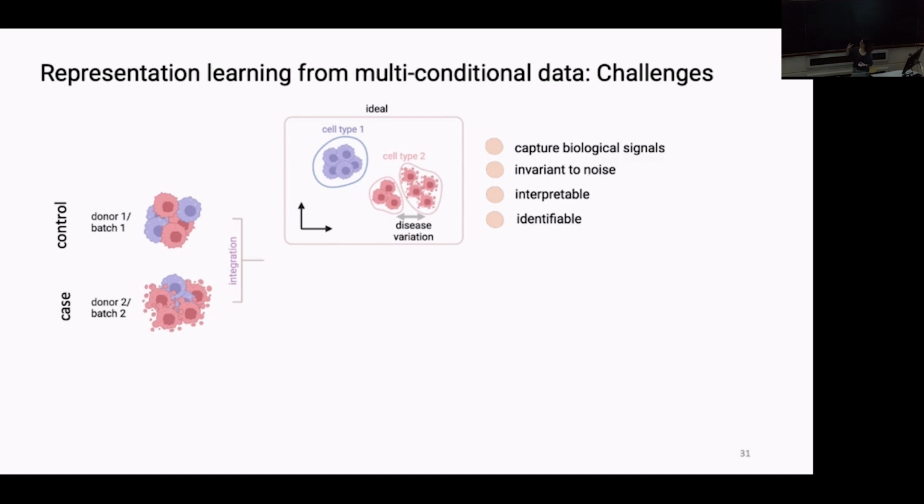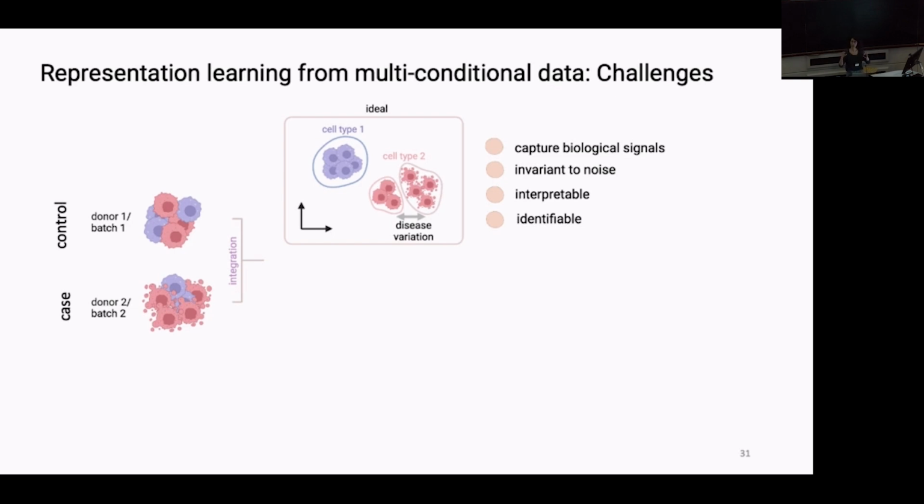Looking into this example, a good representation learning method should know that the blue cells are very similar to each other in both of these experiments and should group them together. But it should also learn the disease variations: in cell type 2, we have some red cells that are healthy and some cells that look different.